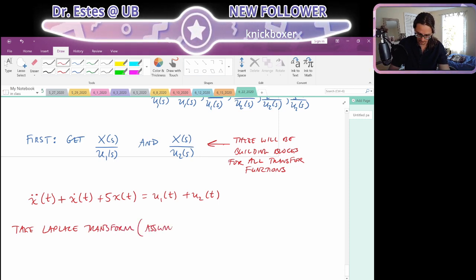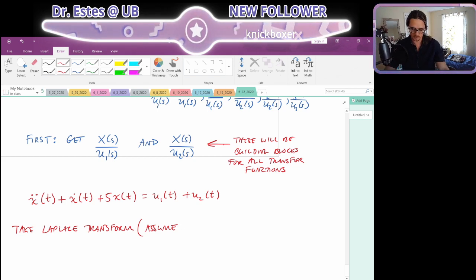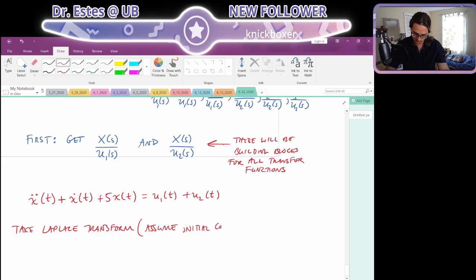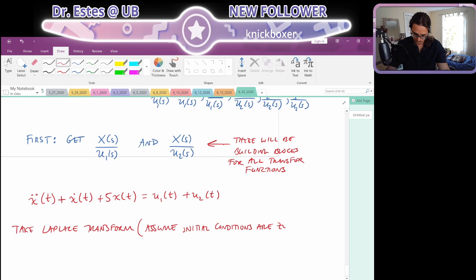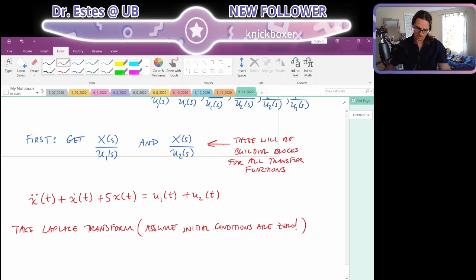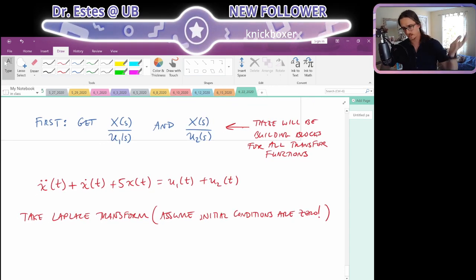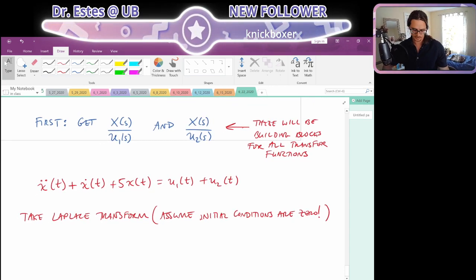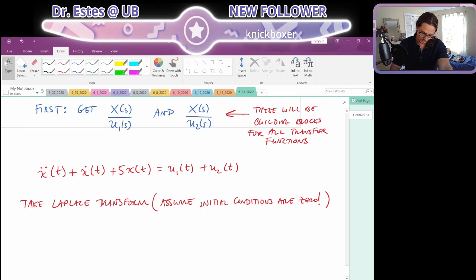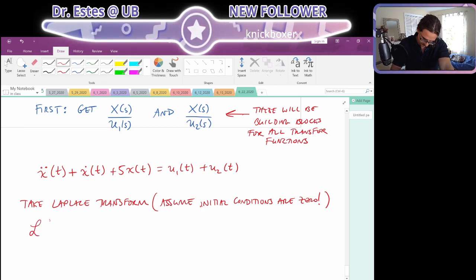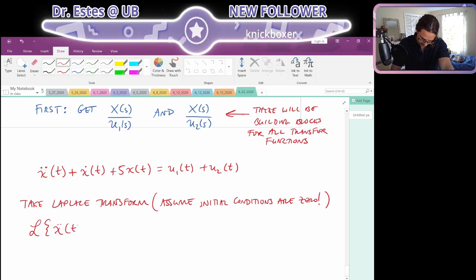And right off the bat, because we're making transfer functions, we're going to assume the initial conditions are 0. It's going to save us a lot of work, because we're going to set them to 0 eventually anyways. So let's just write it all out.